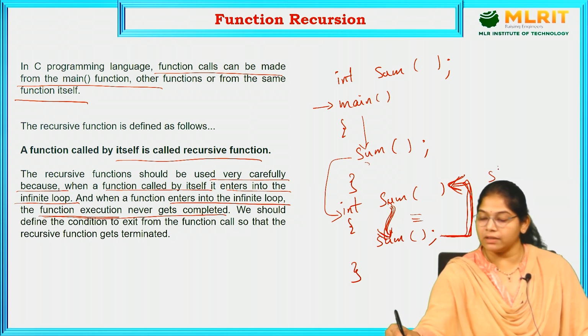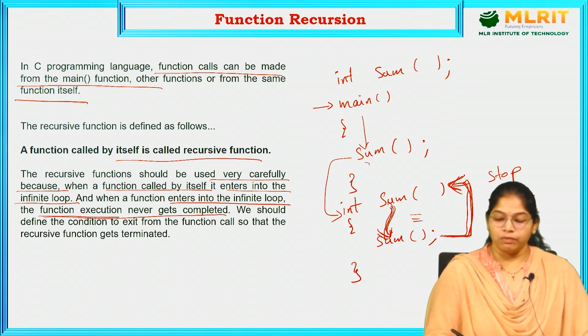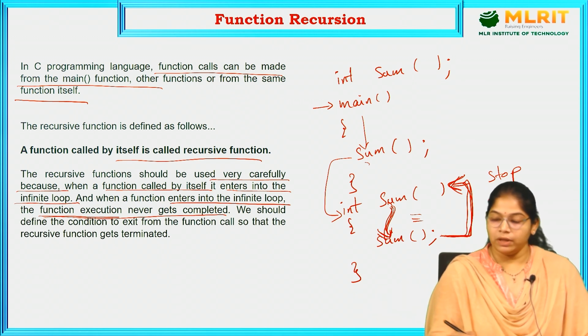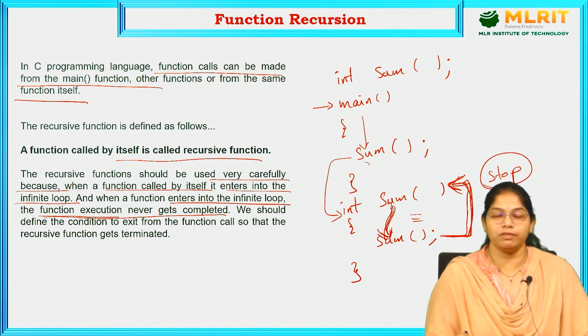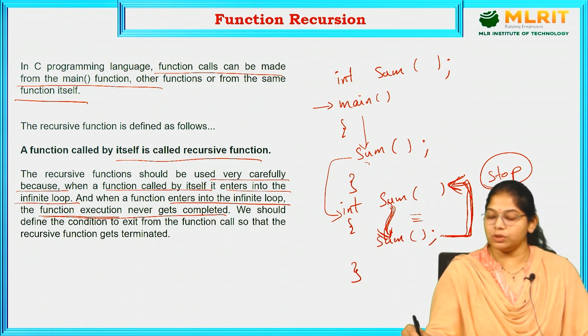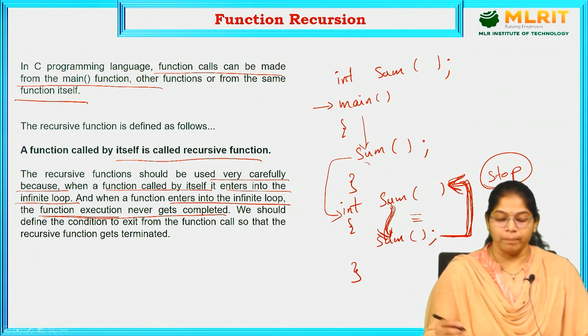Then when it has to exit from that infinite loop, we need a stopping condition. When you are writing a stopping condition, you must be very careful where to stop this function call.